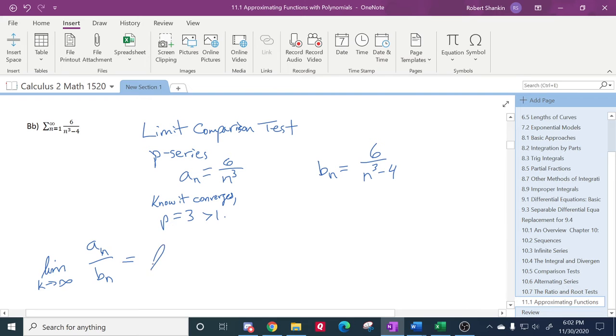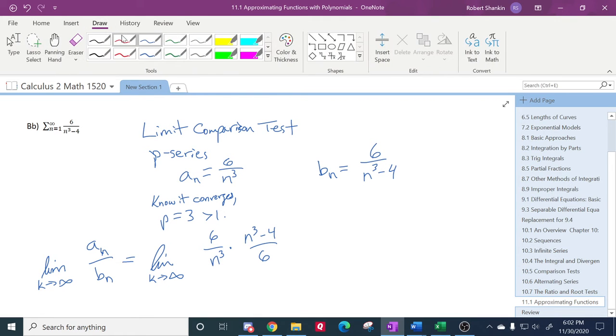So this is the limit as k approaches infinity of 6 over n cubed times, b sub n is copy, dot, flip, so it'll flip over to n cubed minus 4 over 6. And the 6's reduce, divided by 6.